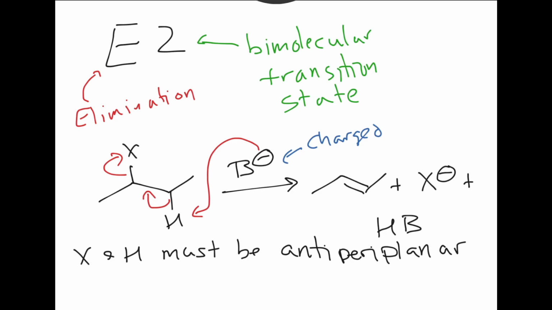Here, the electrons in your carbon hydrogen bond need to be behind the electrons in your carbon leaving group bond, so that they can come in from behind and push the leaving group off the molecule.